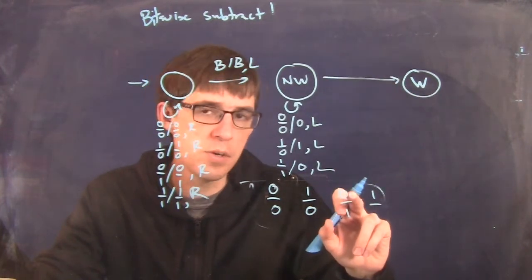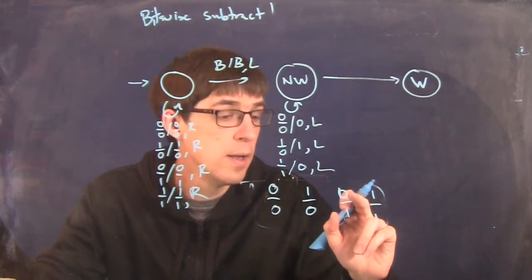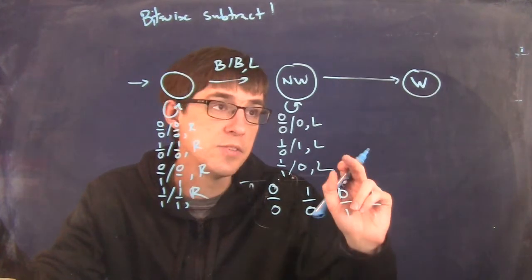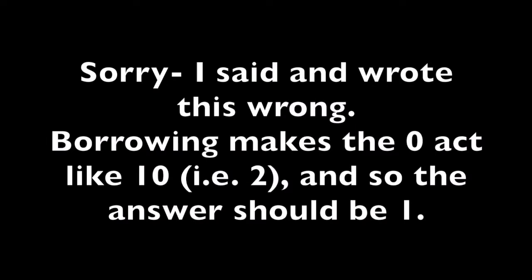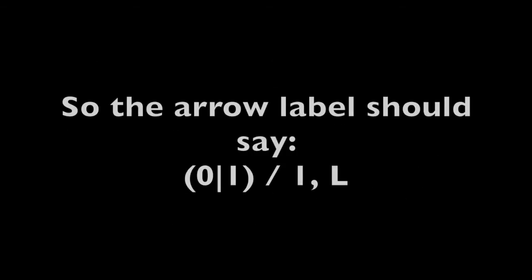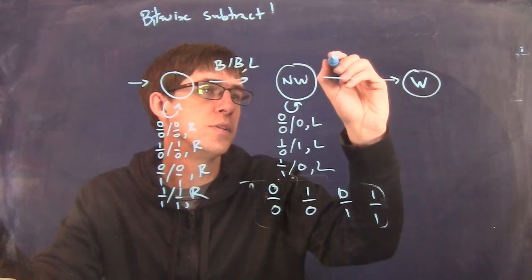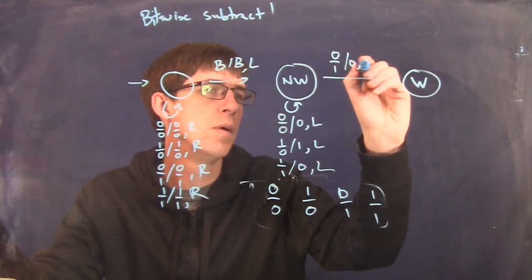When you do a borrow, this 0 becomes like a 1, and then you do 1 minus 1, and you get 0 as the answer. So you should say 0, 1, 0, L.